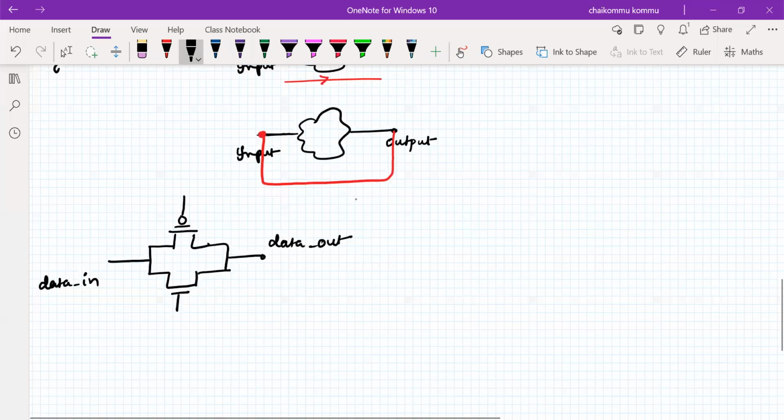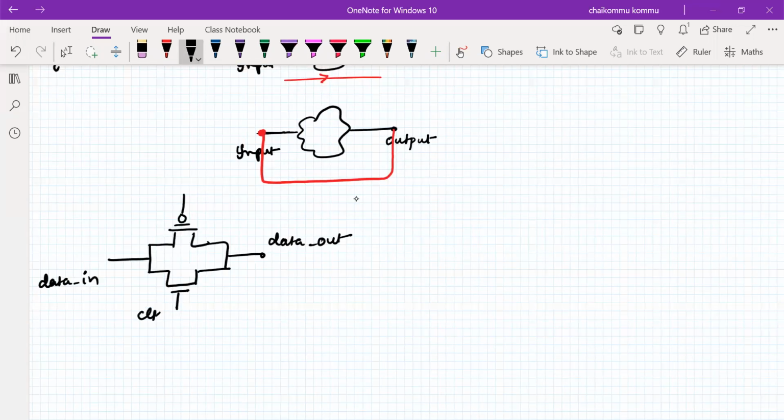For example, the control signal is a clock signal. Here I'm writing CLK, since normally people write clock as CLK. So what should be the PMOS clock? The PMOS clock must be clock bar. Then only the data in will go as an output signal. The usual practice is that whatever output is there, we take it through the inverter.